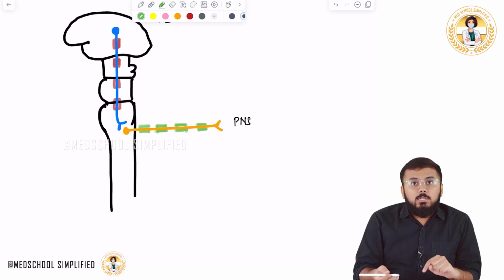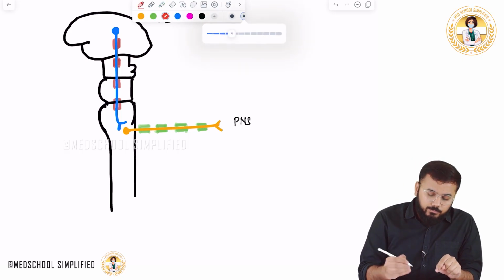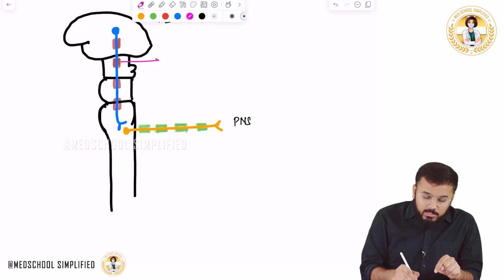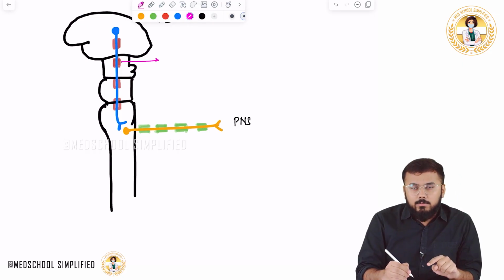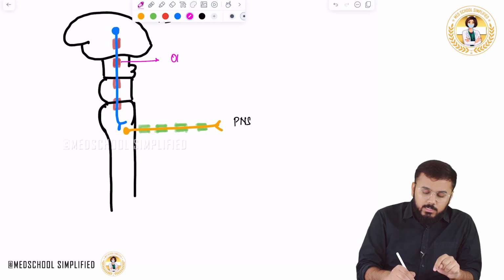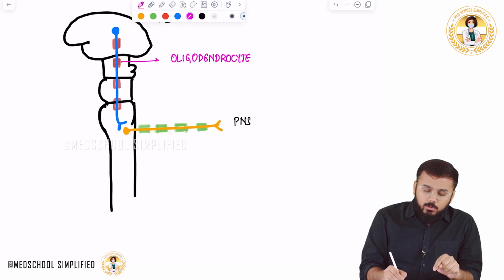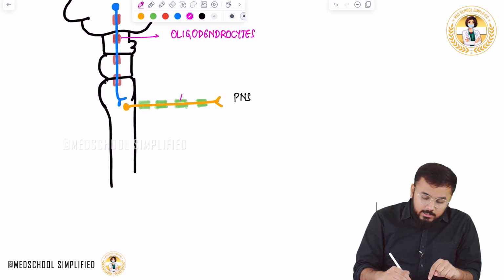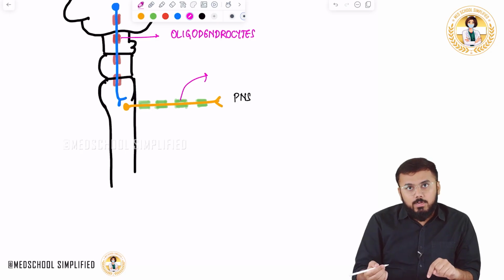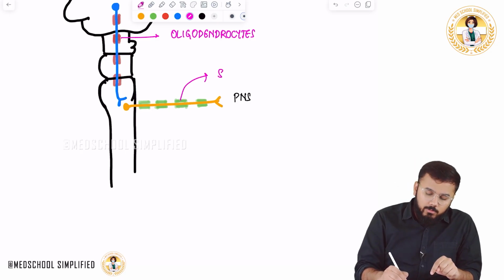And second, how is the myelin sheath in the peripheral nervous system formed? The myelin sheath located in the central nervous system is formed by a group of cells called oligodendrocytes, and the myelin sheath in the peripheral nervous system is formed by a group of cells called Schwann cells.